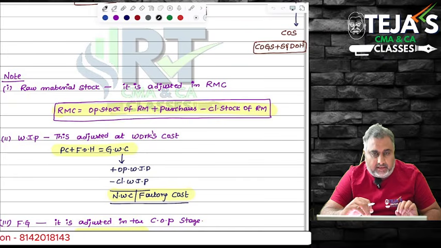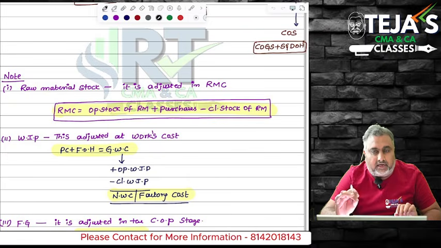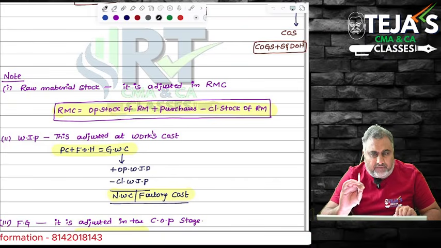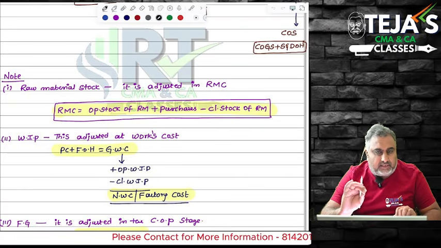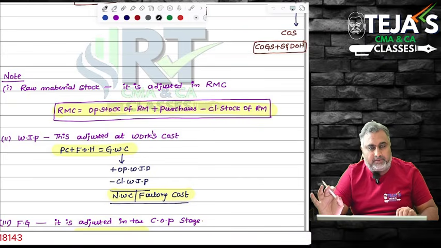If they mention hire charges of specific equipment, show it under direct expenses. In the same way, special design charges, or anything special related to special equipment, you need to show under direct expenses.